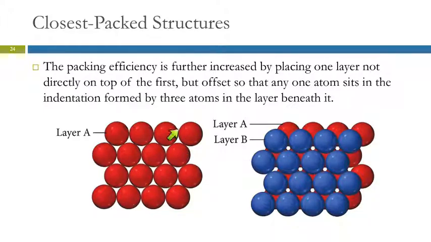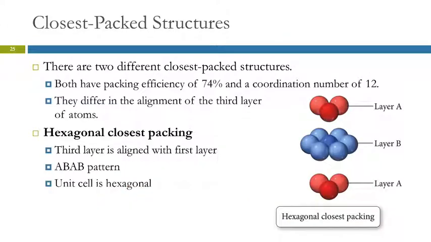Can you visualize that? So there's a blue sphere in each of these little divots. So that is called a closest pack structure, because it's the closest that you can get them.